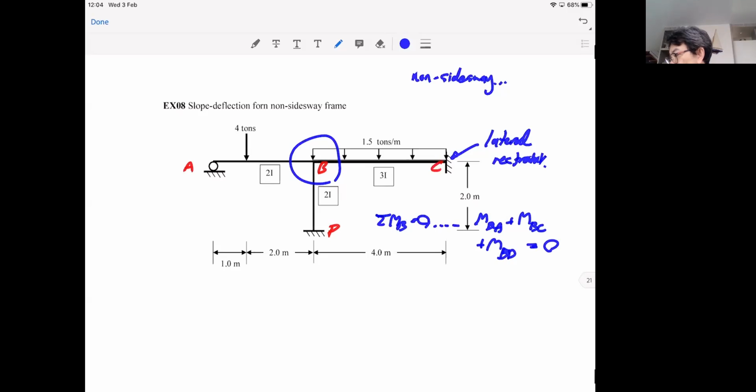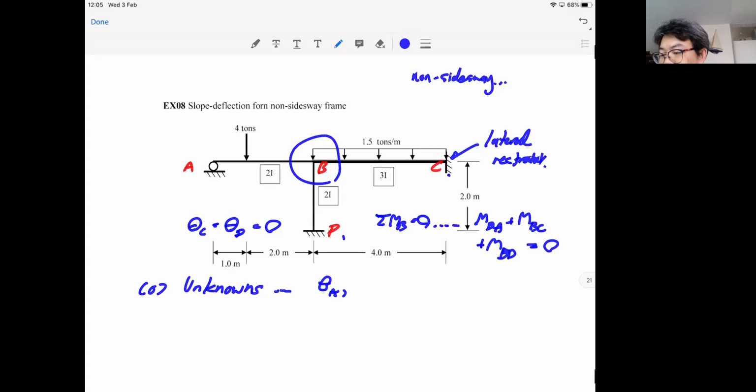That's it. The rest is pretty much the same. So we can just get on with it. Let's say now C and D are fixed. So you know that your zeta C and zeta D are both 0. So when you identify your unknowns, let's say two unknowns, that is zeta A and zeta B. Now, can we eliminate zeta A because isn't this a simple end?